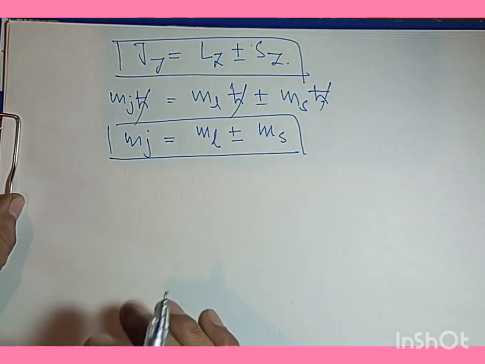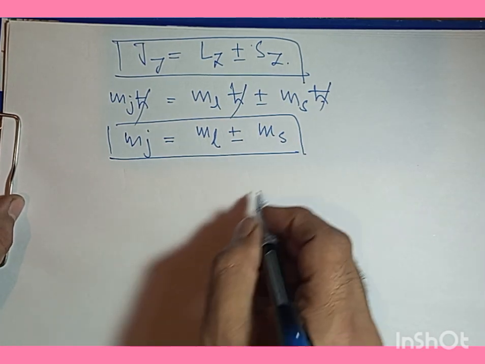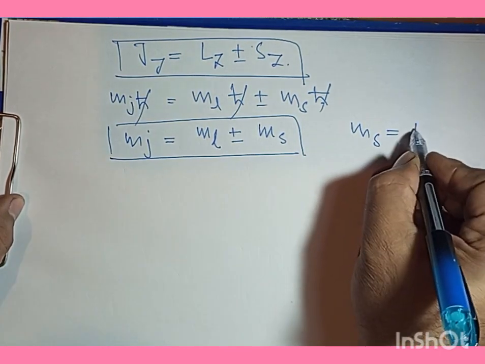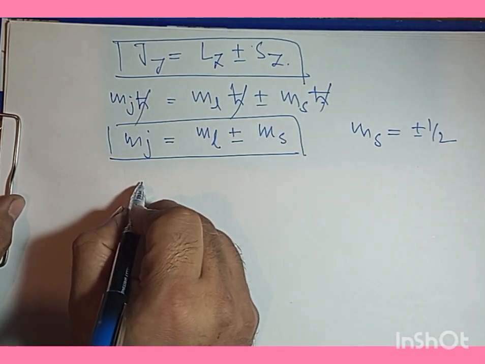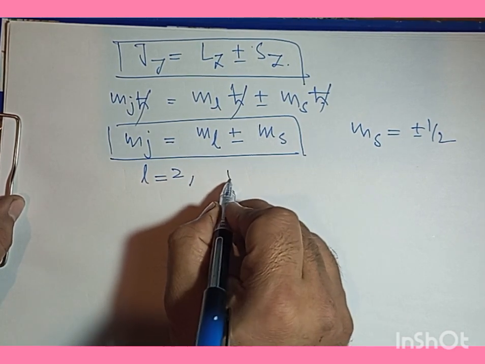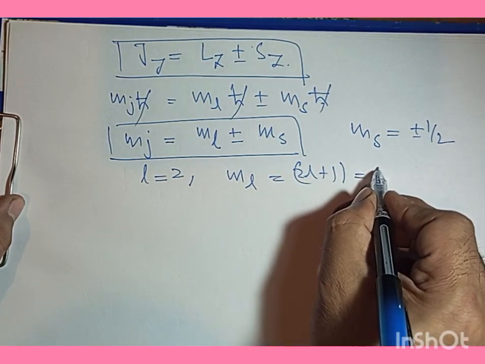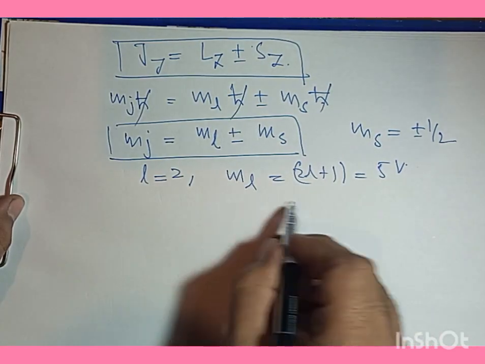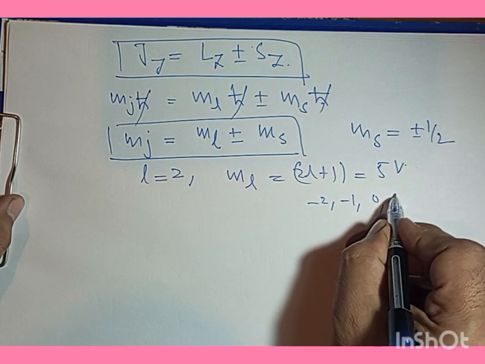What is important here is that this ms is plus minus 1 by 2. And if I take a case of, say, l equal to 2, in this case ml will have 2l plus 1 values. So this is 4 plus 1, that's 5. So the values that this ml will have will be minus 2, minus 1, 0, 1, and 2.